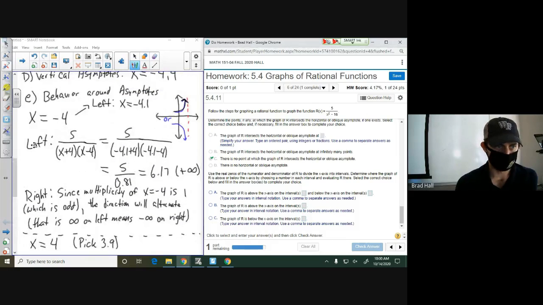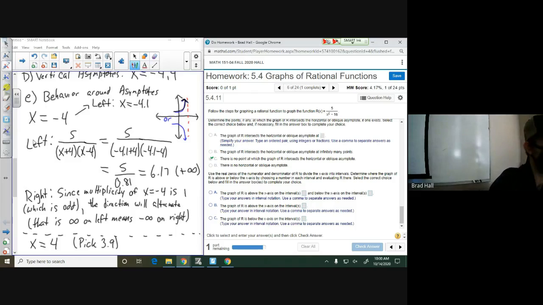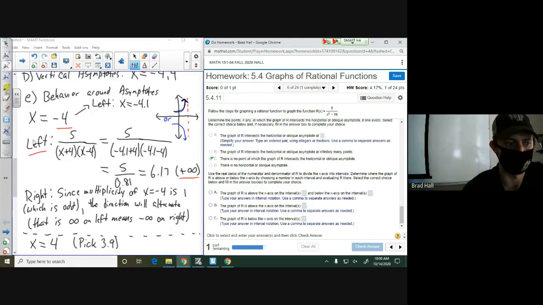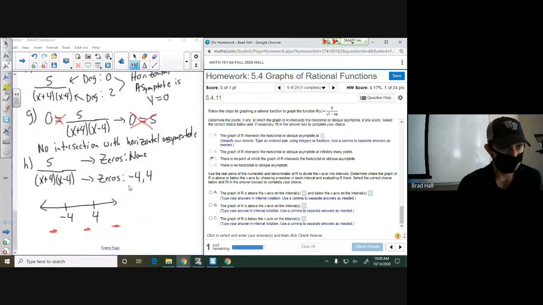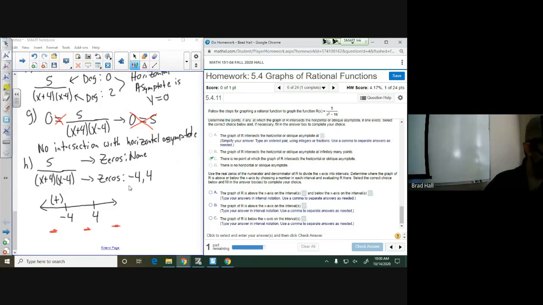To the left of -4, it's going to be positive, and to the right, it's going to be negative. So left of -4 was positive, and the right is negative.